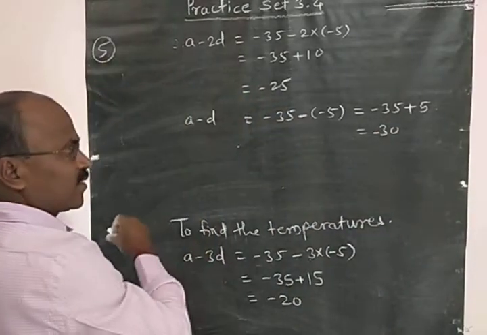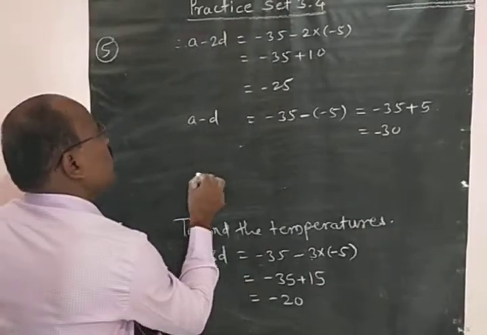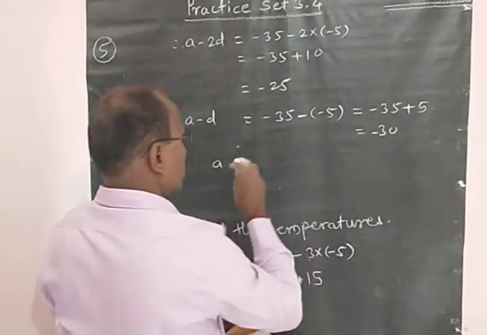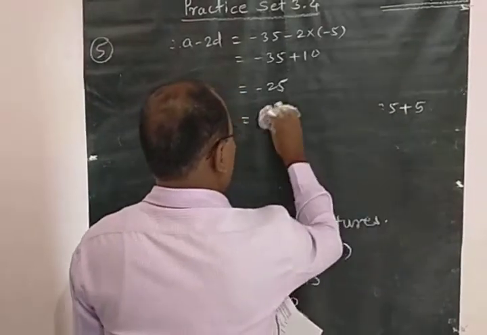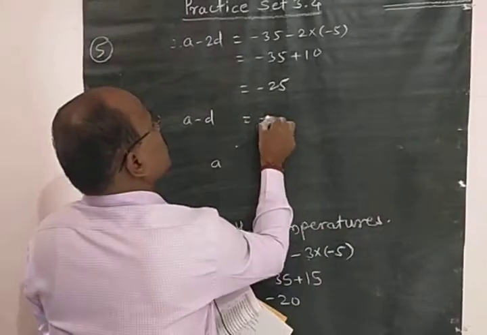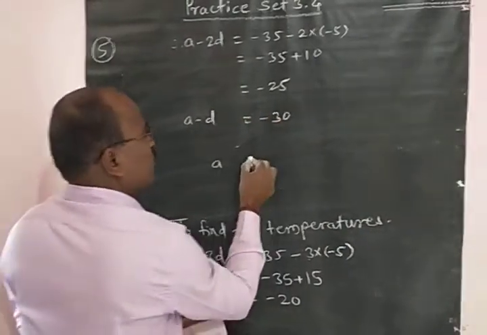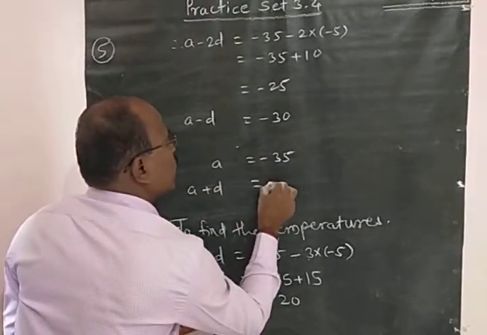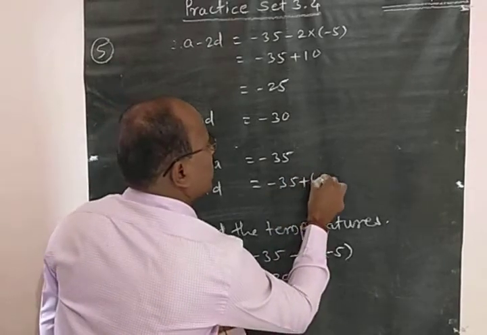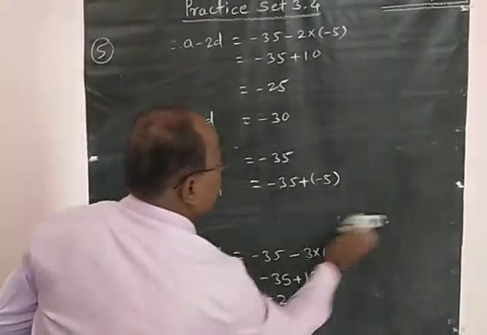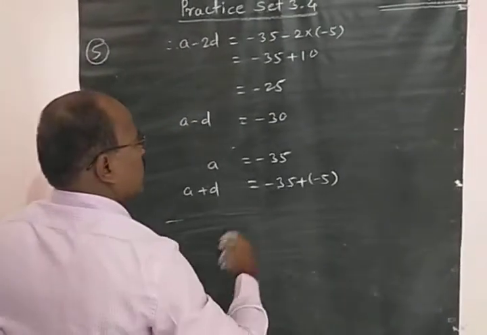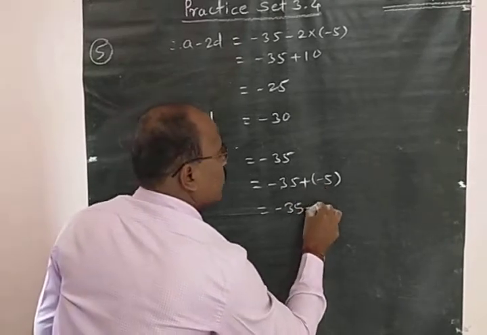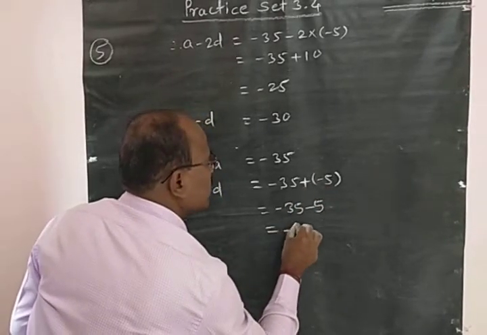Okay, minus 30. The set temperature is given as minus 30. So here write only A minus D is equal to minus 30 and A is equal to minus 35. Again find A plus D is equal to minus 35 plus into bracket minus 5, that is equal to minus 40.